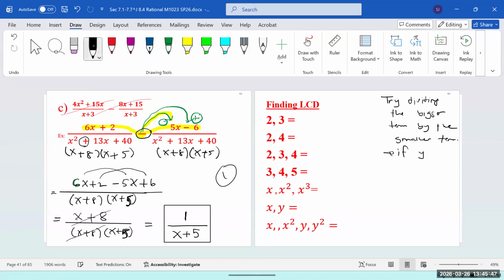If you can divide, then the LCD is the bigger one. But if you cannot divide, then the LCD is their product.